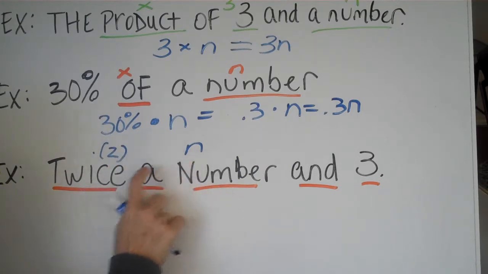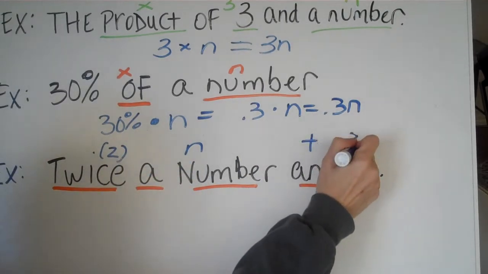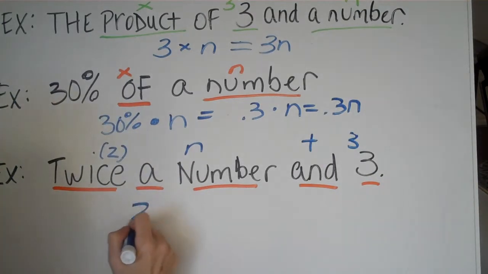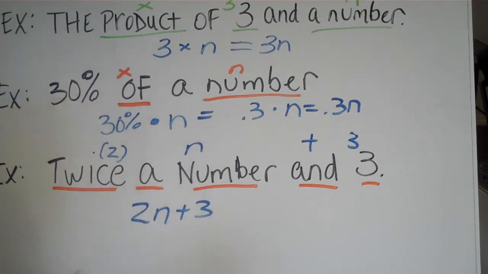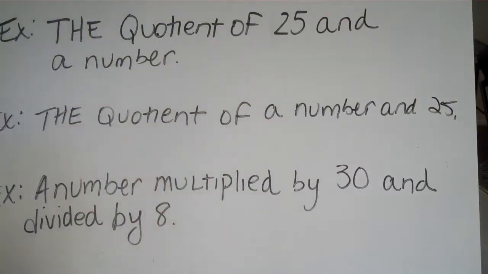So twice a number means 2 times n, and 3 means plus 3. So the way to write this is 2n plus 3. So it's just taking it one step at a time, picking it apart, writing the symbols on top.